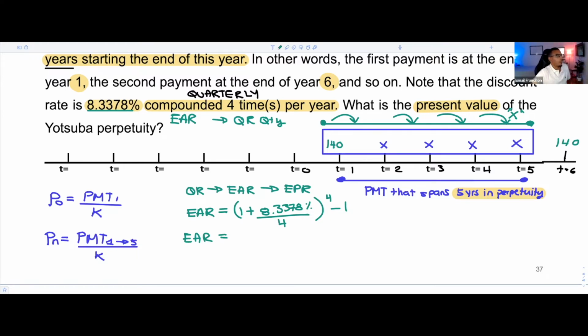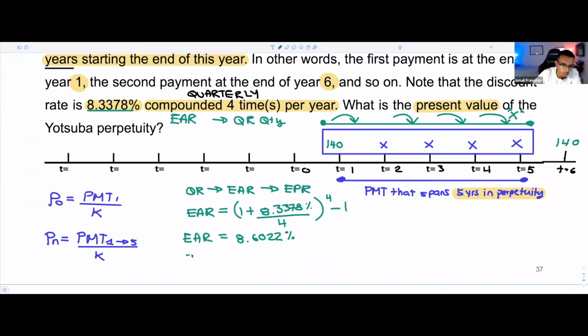If we know it's 8.3378 compounded quarterly, we would plug it into our formula: 1 plus 8.3378% divided by 4. In this case, I would definitely recommend keeping 4 decimal places, just because it's a longer question. So this is our effective annual rate.